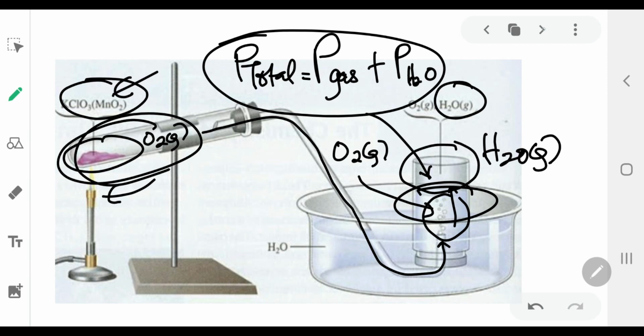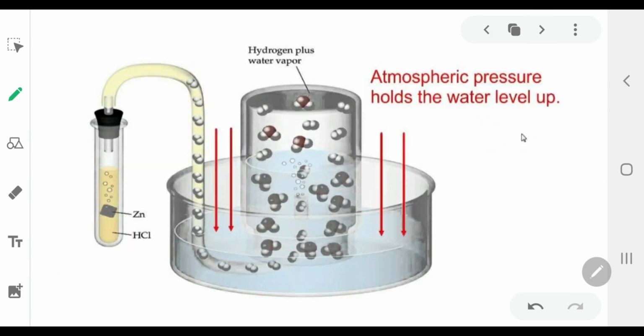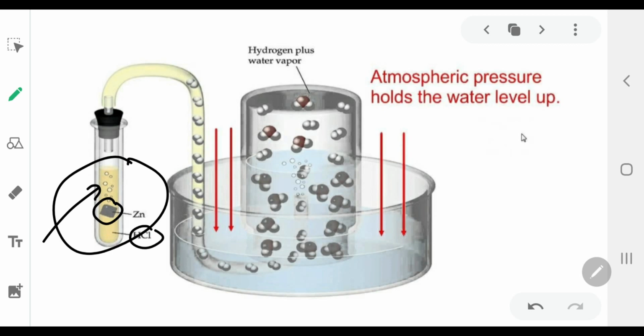Let's have a look at another diagram. This one is a little bit more detailed. What I was trying to say just now, this is another kind of reaction. You have a solution over here, and then you have dissolved zinc, and because of the reaction between the HCl and the zinc, H2 gas is being produced.